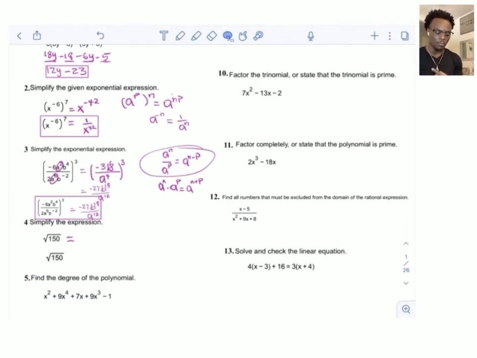The second option is that you can have something that is not a perfect power of the index, but can be broken down as a product of a perfect factor of the index and a number that is not a perfect factor. The third situation is when you have something that is not a perfect power of the index, and not a product of one perfect factor and one number that is not a perfect factor. In this case you won't be able to simplify.